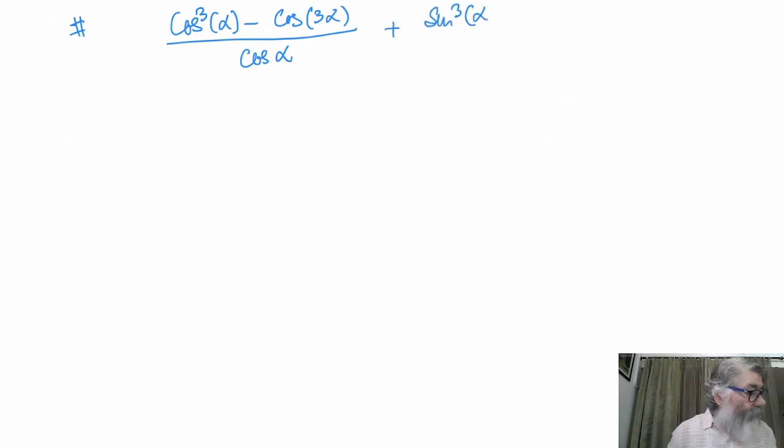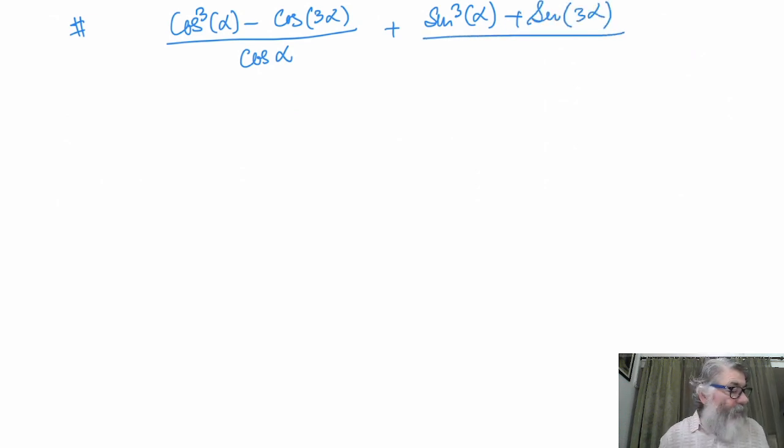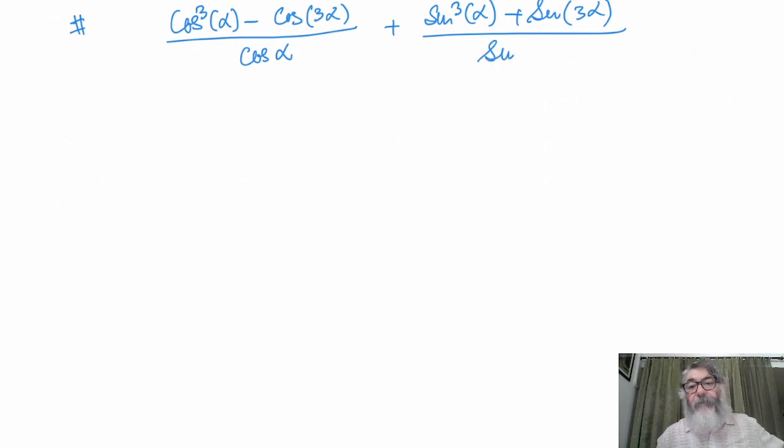Cos cube alpha minus cos 3 alpha upon cos alpha plus sin cube alpha plus sin 3 alpha upon sin alpha is equal to 3.